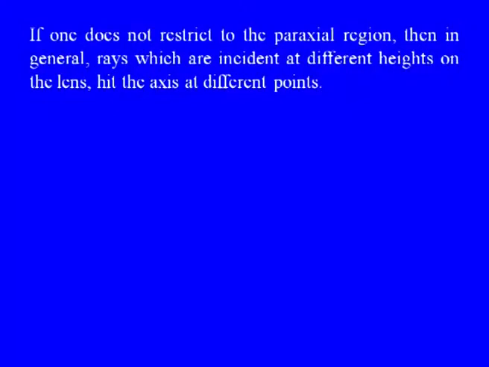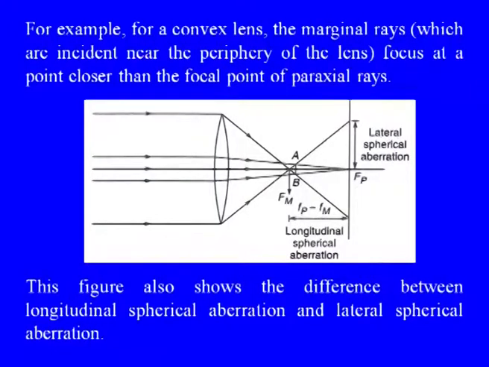Now, if one does not restrict to the paraxial region, then in general rays which are incident at different heights on the lens hit the axis at different points. For example, for a convex lens, the marginal rays which are incident near the periphery of the lens focus at a point closer than the focal point of paraxial rays.